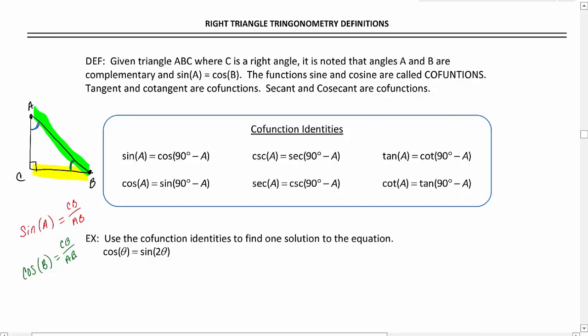Sine and cosine are cofunctions. Tangent and cotangent are cofunctions. Secant and cosecant are cofunctions as well. So here, when I've written out the 6 cofunction identities, I've paired them up vertically. So you'll see with sine and cosine, sine of A is equal to cosine of 90 minus A. All this 90 minus A just means the complementary angle.